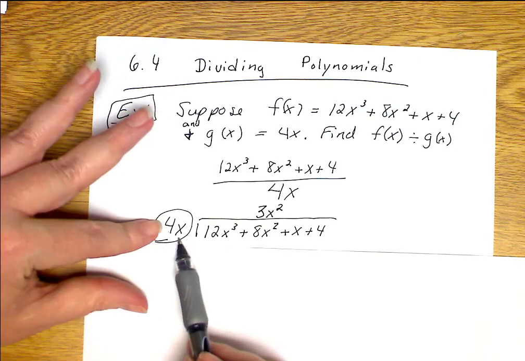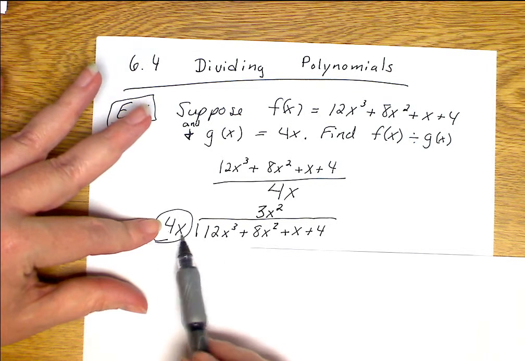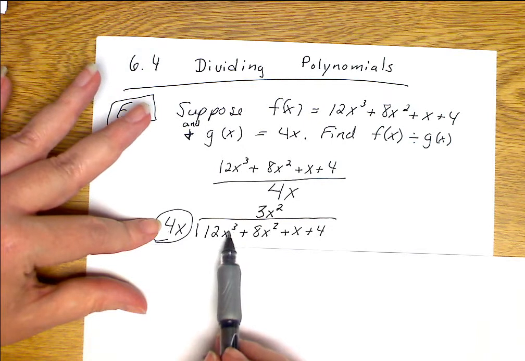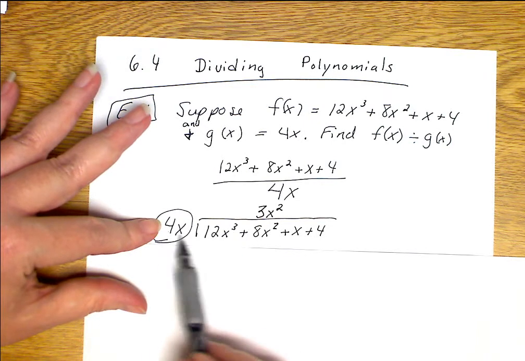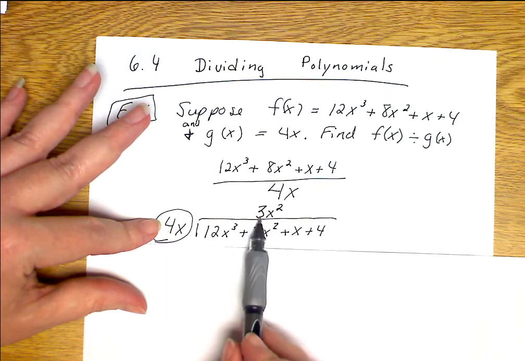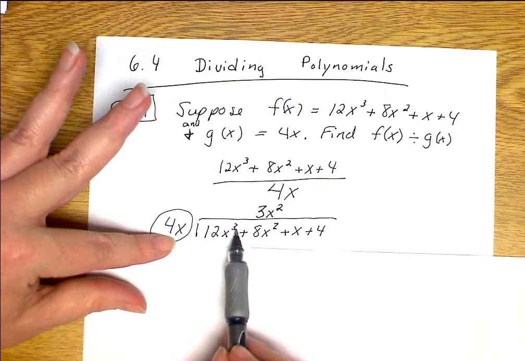4x times, no one say the answer. 4x times what gives me 12x cubed? So think in your head, what do you have to multiply 4 by to get 12? 3. What do you have to multiply x by to get x cubed? X squared.